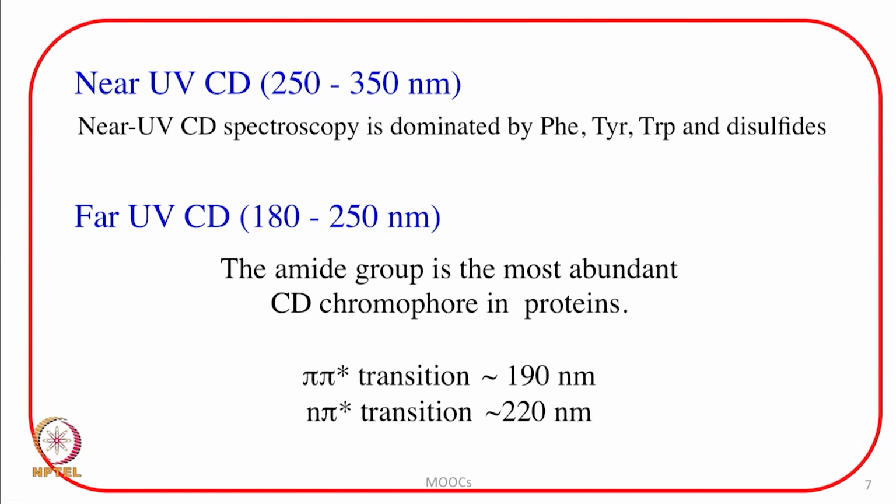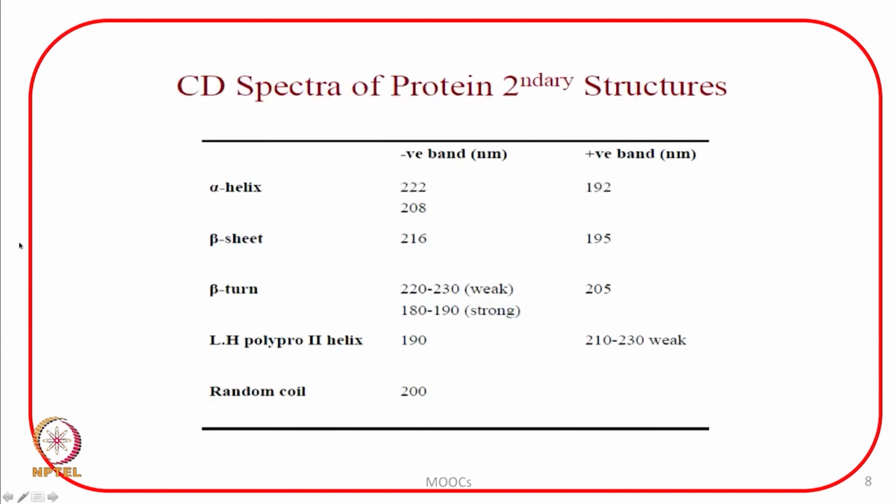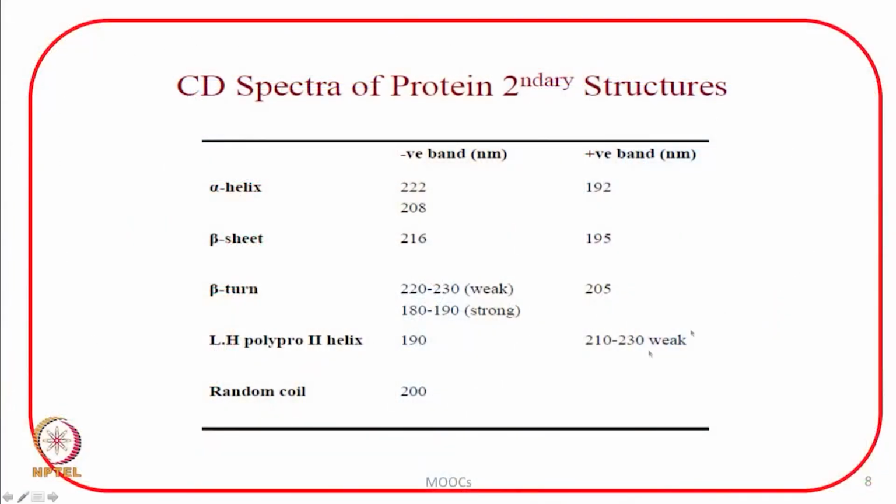But what is more important at this point, for understanding qualitatively the secondary and tertiary structure of a protein, is that the numbers presented in this table are important.